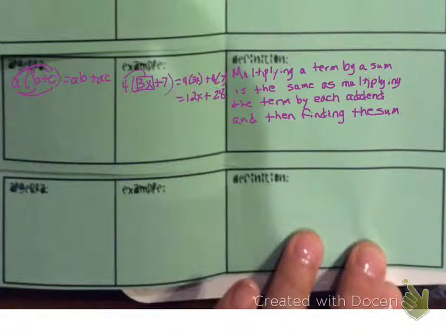So multiplying a term by a sum is the same thing as multiplying the term by each addend and then adding them together. Okay, finding the sum. So that's how we do the distributive property.